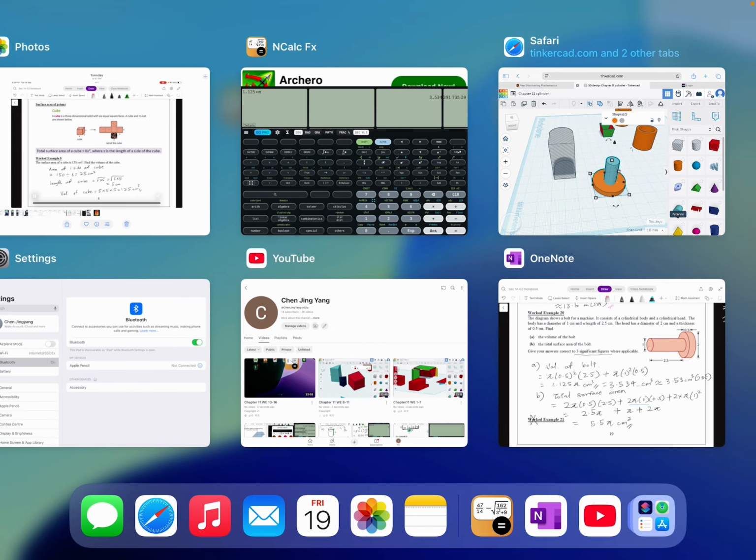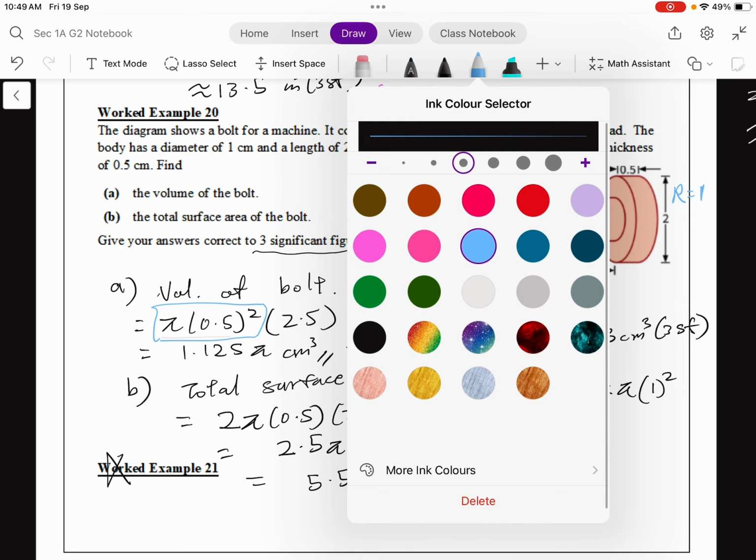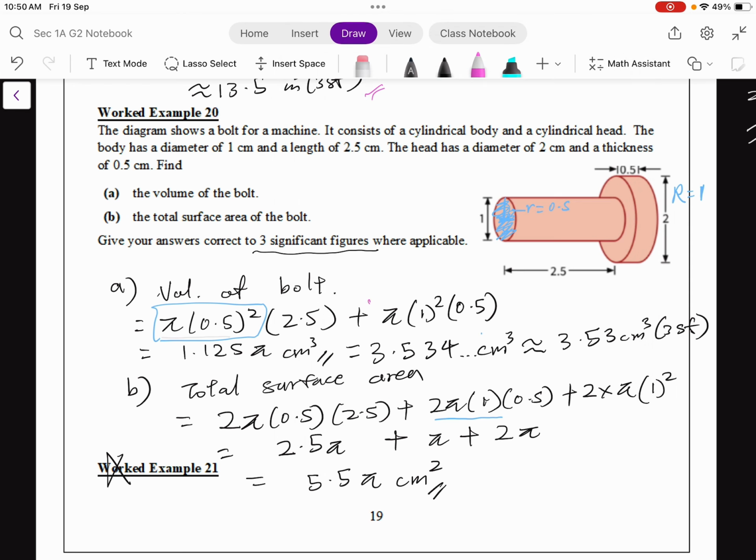When you go back down here, this is the area of the circle for the small one. The small radius r equals 0.5. For this one I'm going to use big R equals 1. So this is the area for this one, and this one is the area for this whole thing, including the small circle, the big one.